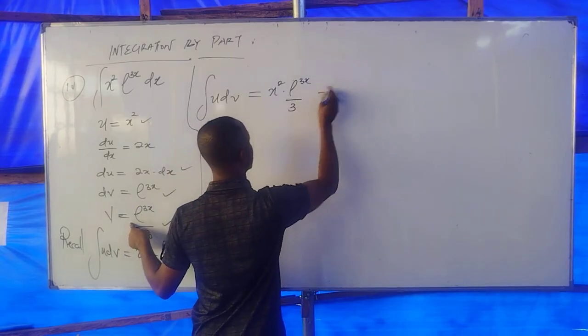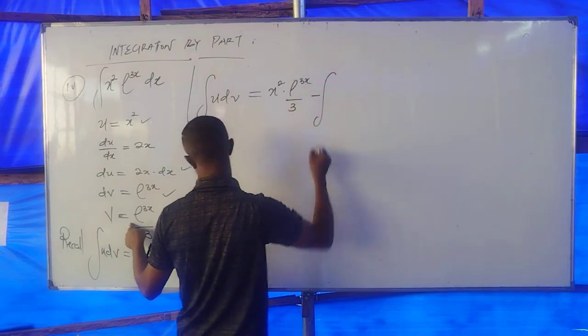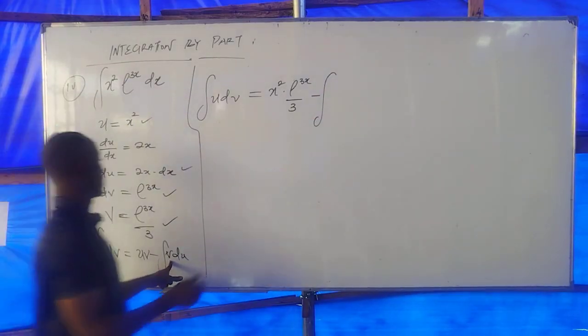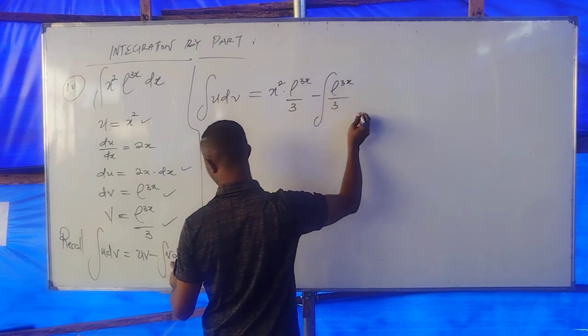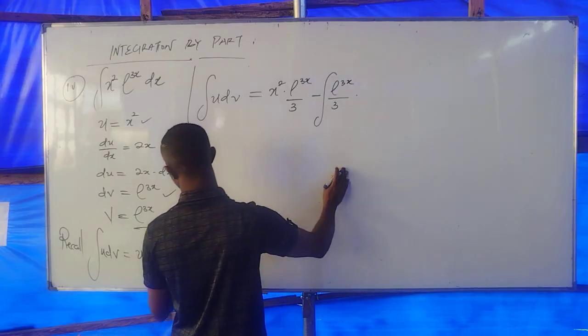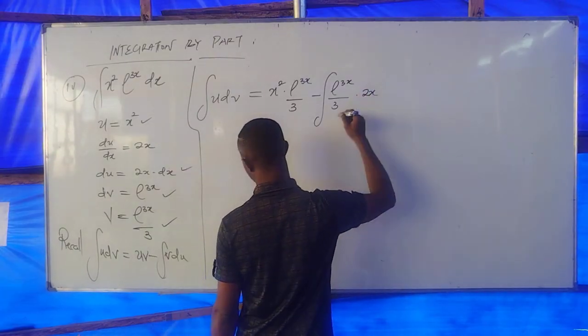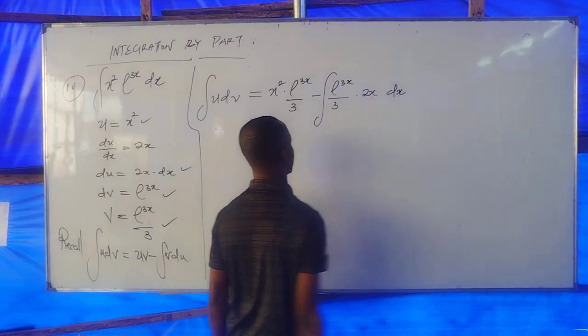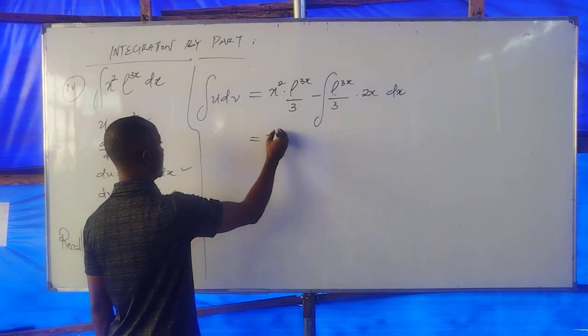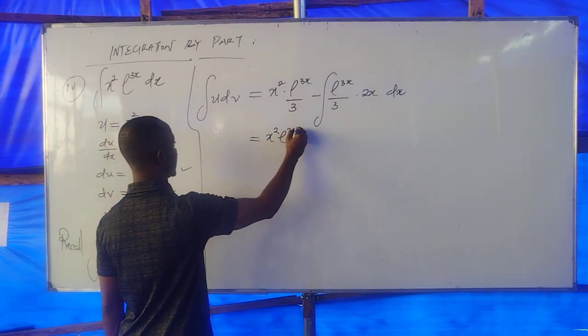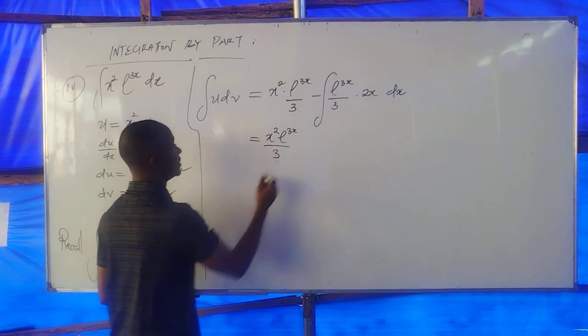Alright, minus the integral of v, which is the same exponential 3x over 3, dot 2x dx. So this will give us x squared exponential 3x all divided by 3, right?